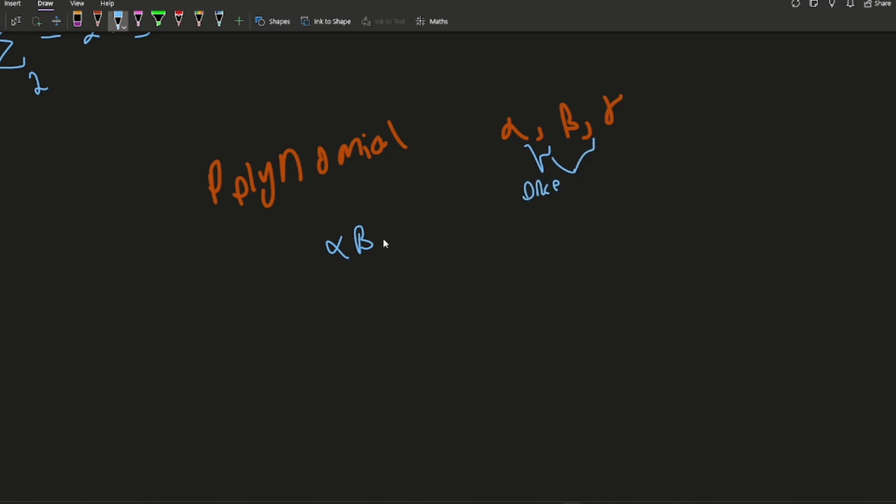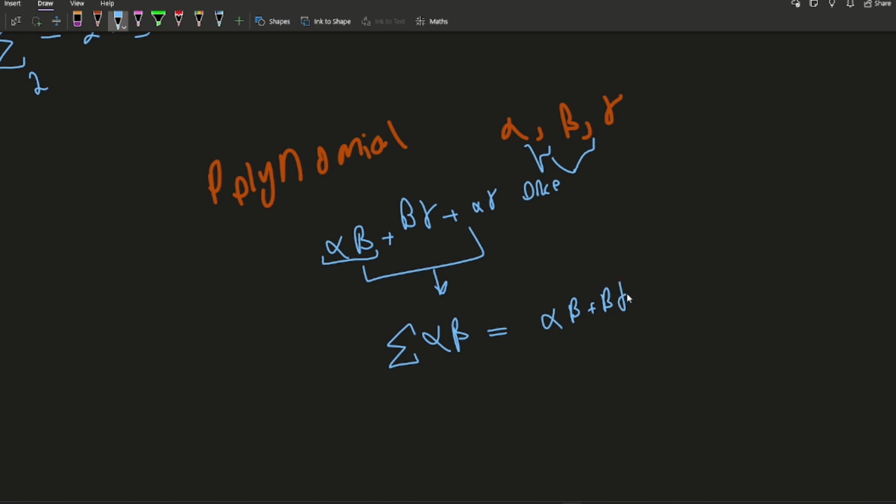So alpha beta plus beta gamma plus alpha gamma. This is also a sum, so can we use sigma notation here? Yes, we can. The first term is alpha beta, so we simply write sigma alpha beta. This means the sum of pairwise products: alpha beta plus beta gamma plus alpha gamma.